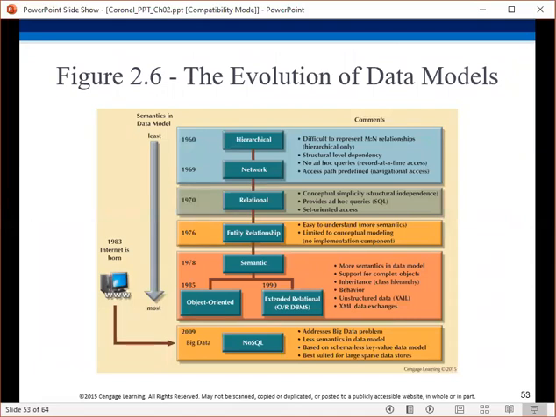So here's the evolution of database models. The models themselves have developed up through entity relationship, and we started looking at semantic models. And now, as of the early 2000s, we're looking at NoSQL models.